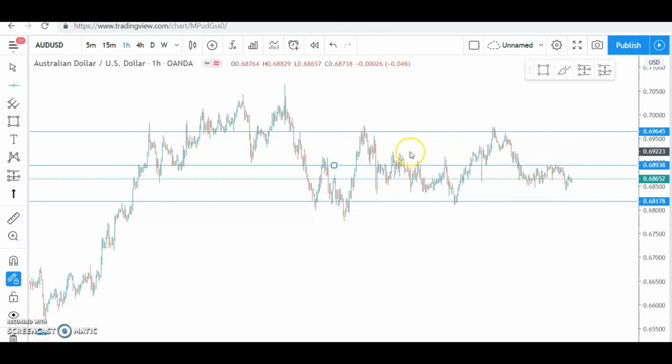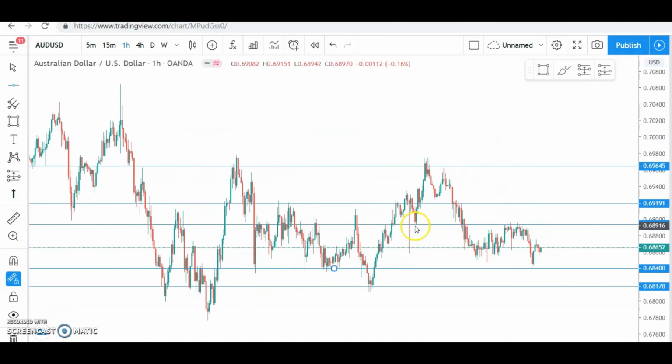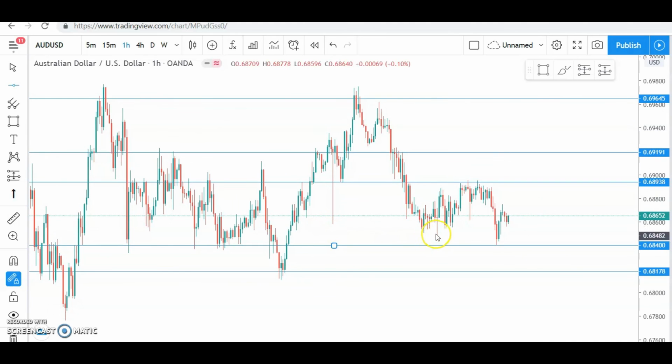Key support and resistance levels, I'm just popping them out so that you can see. Let me zoom in. You can see another one here. So just about this, and maybe we can have a trend here for proper guidance.